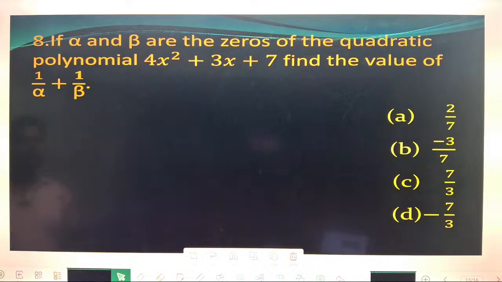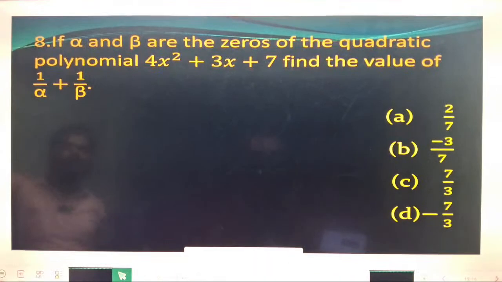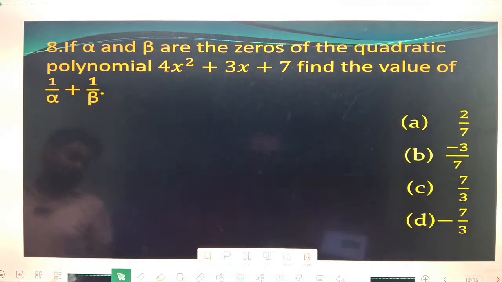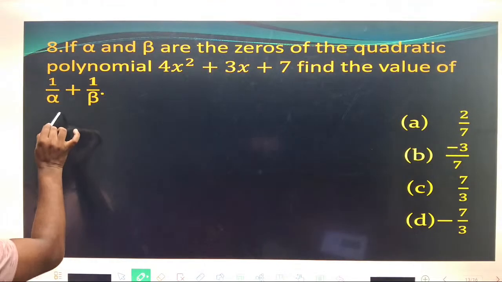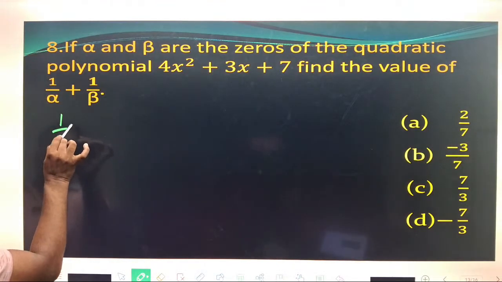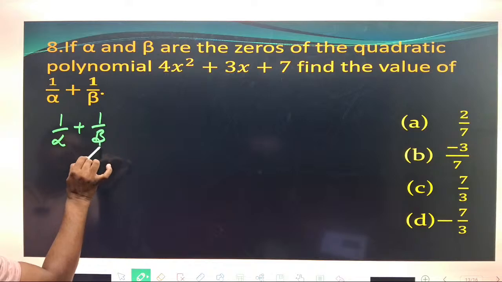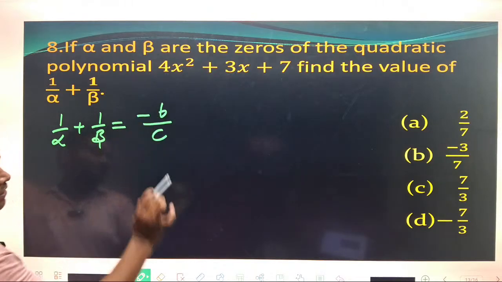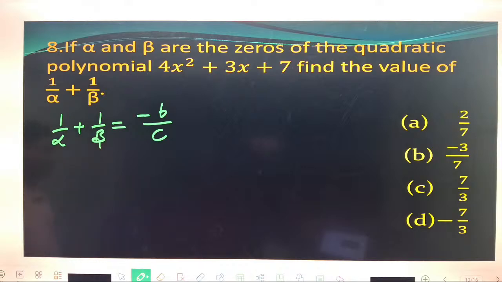In the previous question, 1 upon alpha plus 1 upon beta you wrote as minus b by c.